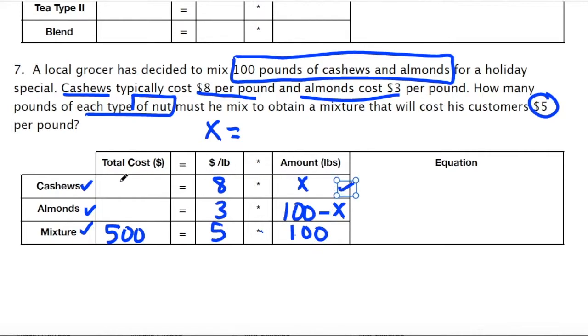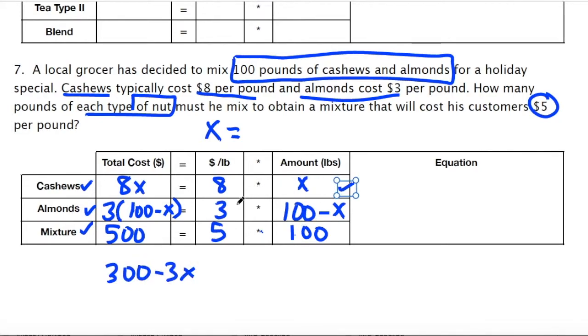Then we can fill in this other total cost column. 8 times X is 8X, and 3 times 100 minus X, you could either write it this way or you could distribute it to be 300 minus 3X.